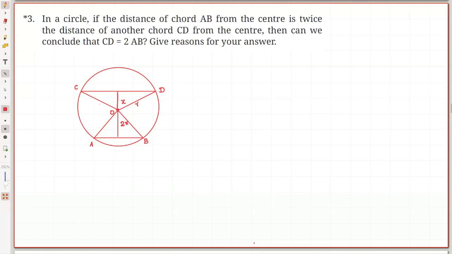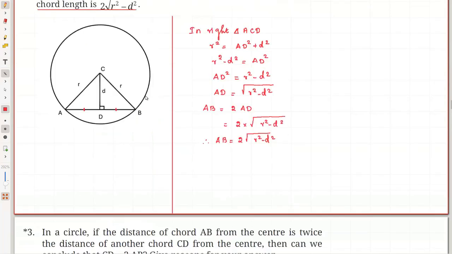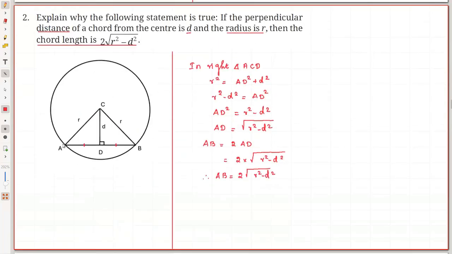Now we are going to find out CD, which is the length of the chord. How do you find the length of a chord? AB is equal to 2 times root R square minus D square, where the hypotenuse square minus D square comes. The same way, just apply the rule here.